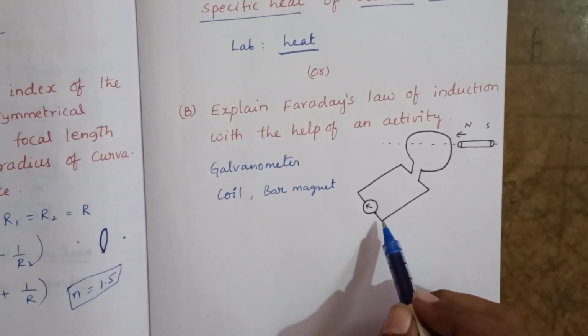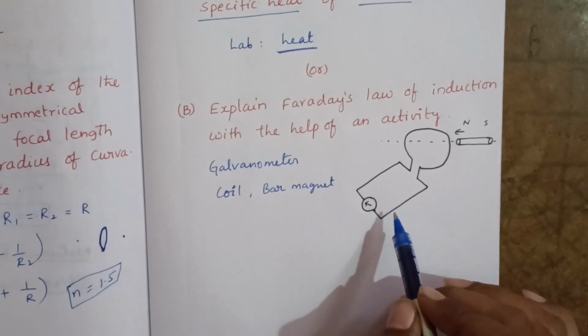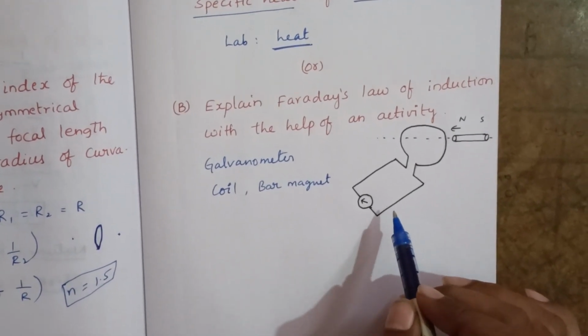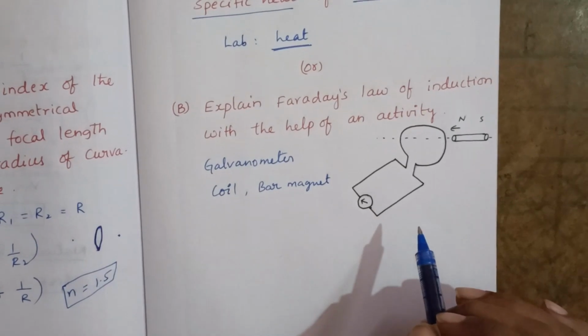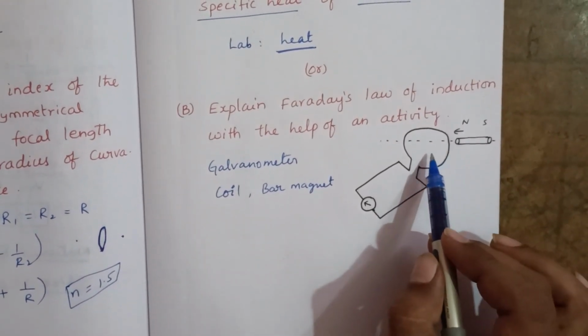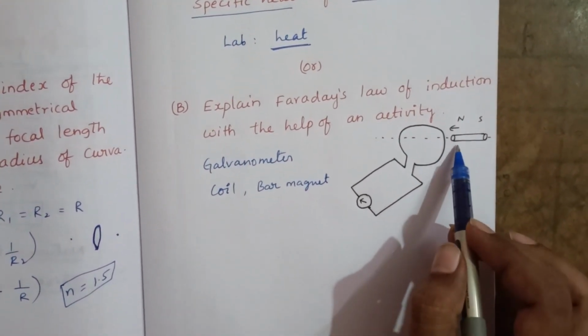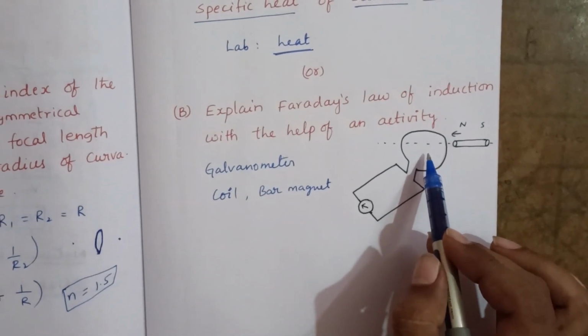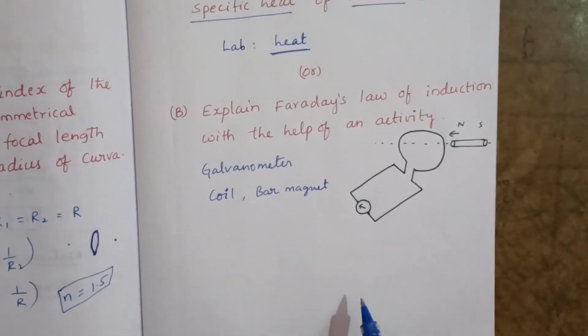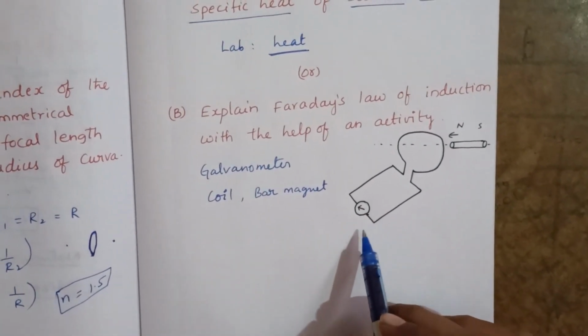Generally, a galvanometer does not deflect if there is no current, no EMF in the circuit. When we are pushing the magnet towards the coil, the galvanometer is deflecting.